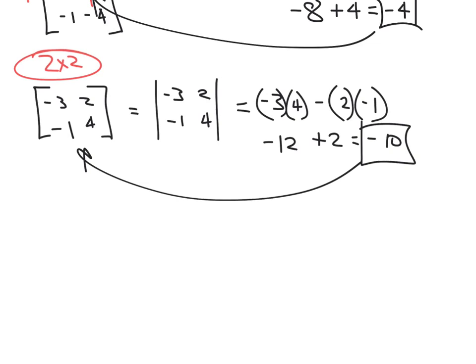One of the things that's really, really important when you're doing these kind of problems is you have to have a square matrix. Okay, a 2 by 2, 3 by 3, 4 by 4, etc. It can't be like a 2 by 3 or a 3 by 6 or something like that. It has to be a square matrix. And this 2 by 2, since we have 2 columns and 2 rows, it works on a system of equations that has 2 equations and 2 variables.